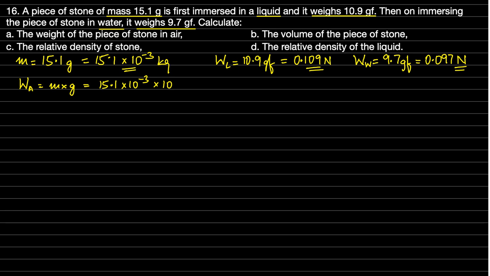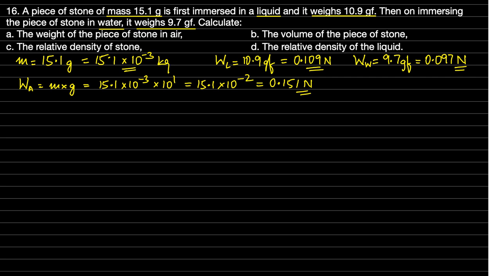So 10 is going to be 10 to the power of 1. So we can write that as 15.1 into 10 to the power of minus 2, because minus 3 plus 1 gives us minus 2, or we can write it as 0.151, and this will be in newtons. So we have got most of it.